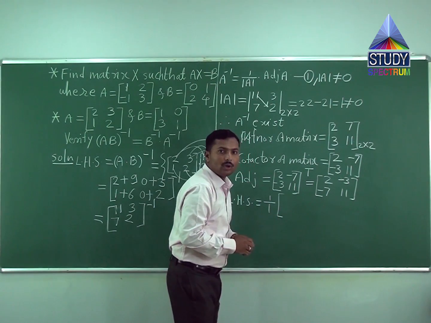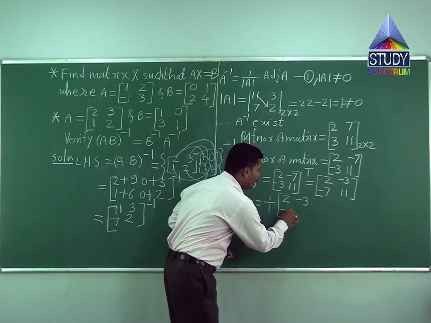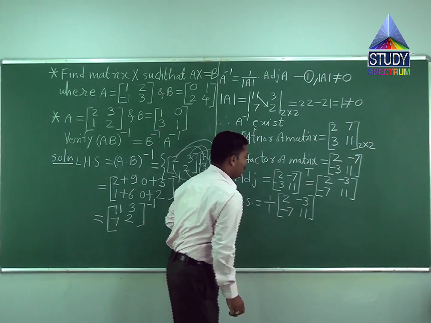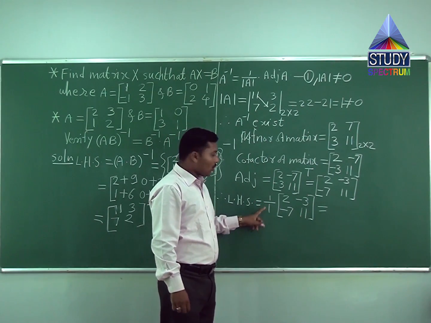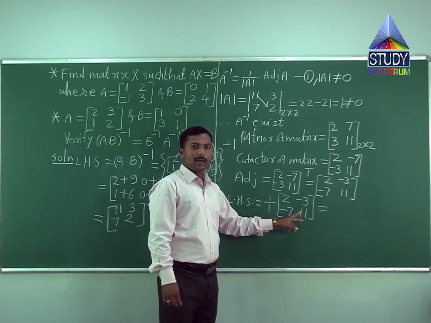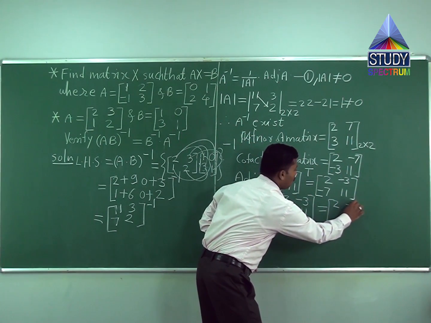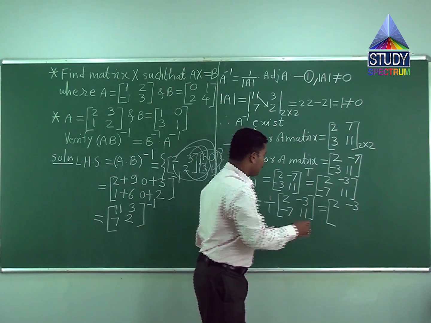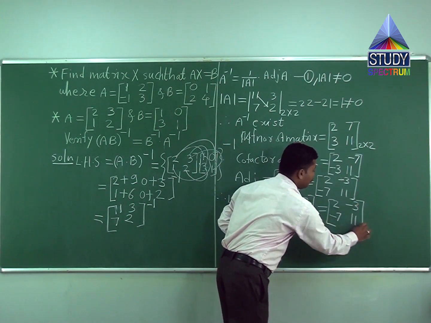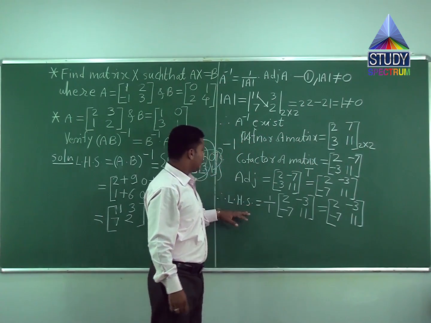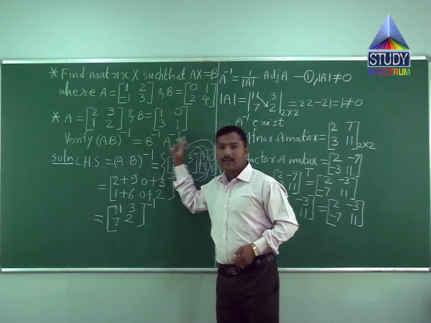So this is 2, minus 3, minus 7, 11, which equals 1 upon 1 into every number of this matrix as it is. So 2, minus 3, minus 7 and last 11. So this is LHS.